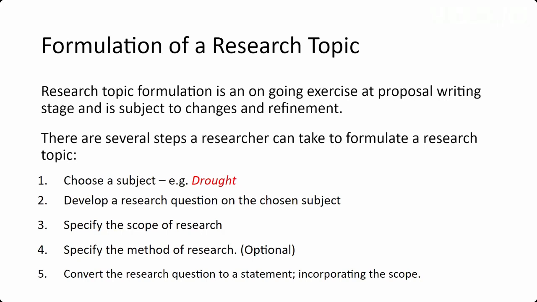A research topic is very critical. It is a guidance on how you are going to approach your research. Choosing the subject, that's the first step in your research topic formulation.